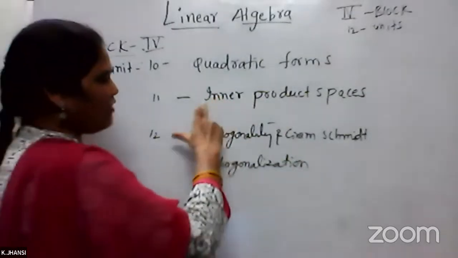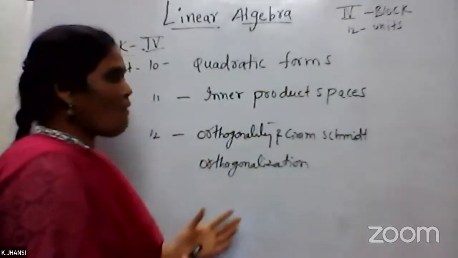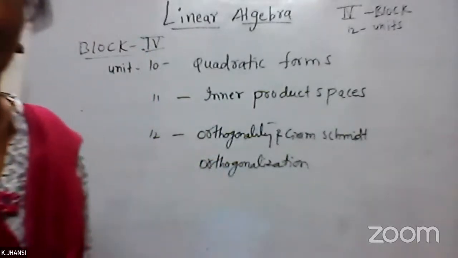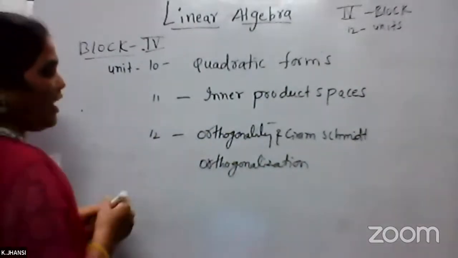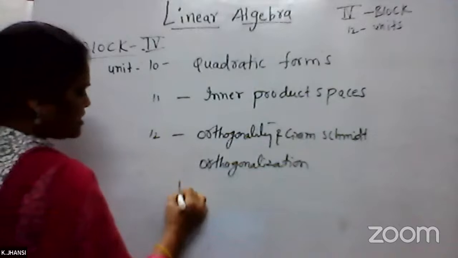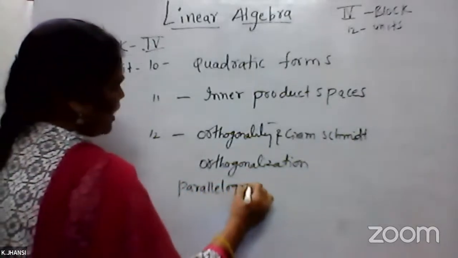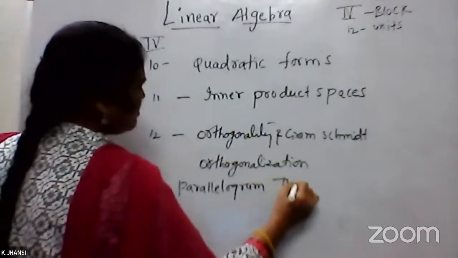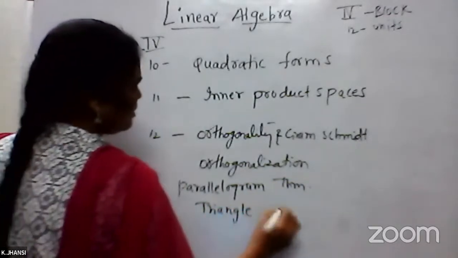Okay, in this you have the definition of what is inner product space, and Schwarz inequality theorem is there, and parallelogram theorem is there in this. Parallelogram theorem and triangle theorem is there, triangle inequality.